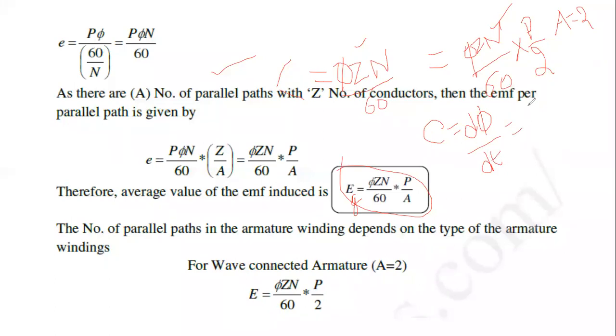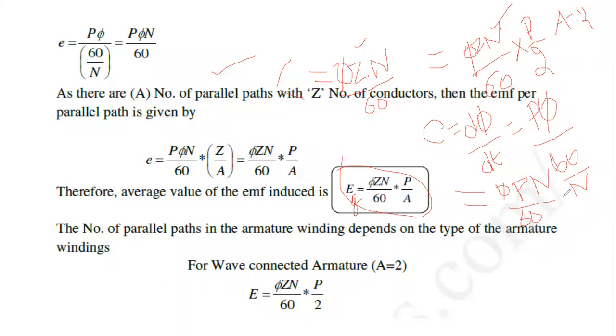Then d phi is replaced with P phi, and the time taken for cutting that flux is 60 by n seconds. Therefore this equation can be written as phi P n by 60.